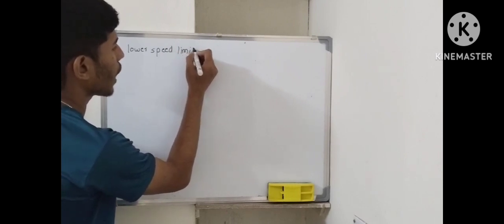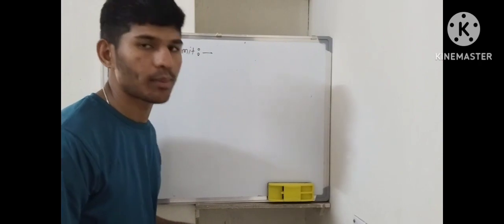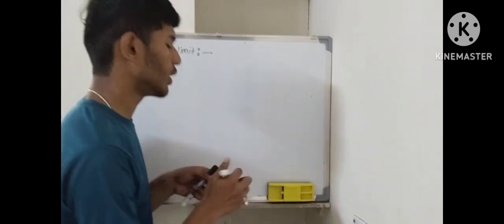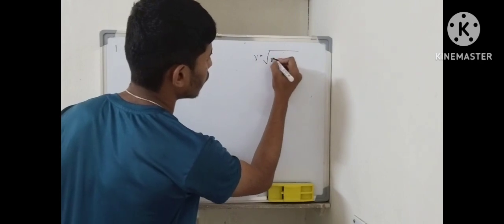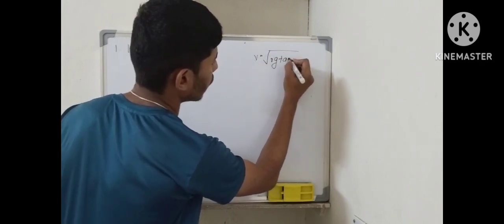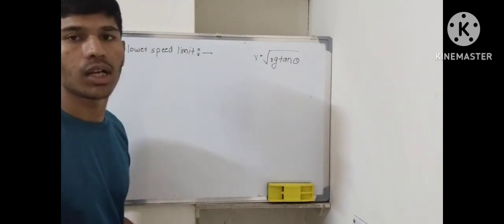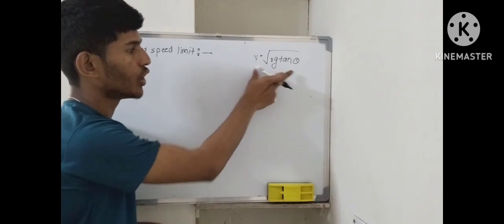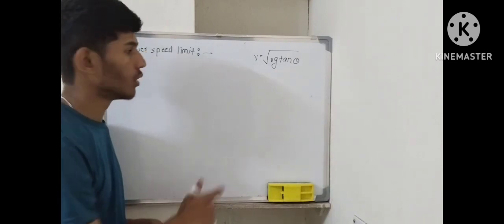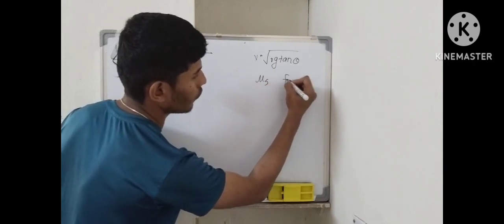Let's have a short recap about the previous lecture before going further. That is the maximum safe speed. We had calculated the formula: V is equal to under root RG tan theta. The thing to keep in mind here is that in this case we neglected friction. We had not taken the μs and fs.